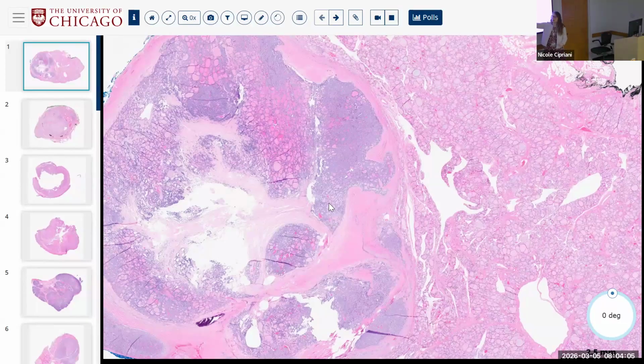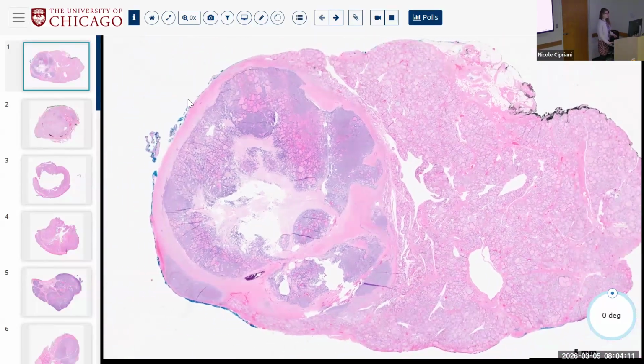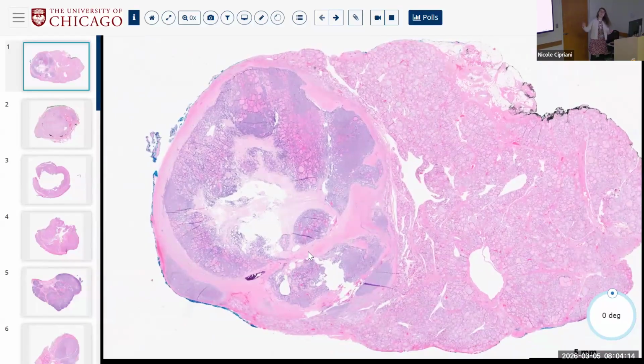It generally has large, broad-based tongues of invasion beyond usually a fibrous capsule. And some PTCs certainly can grow in this lobulated infiltrative fashion, but mostly this is the growth pattern of follicular carcinoma, right? So I wanted to start off with something that was 1000% follicular carcinoma.